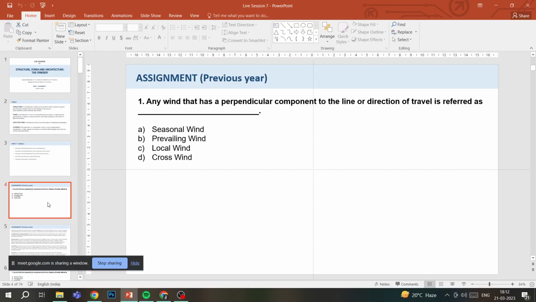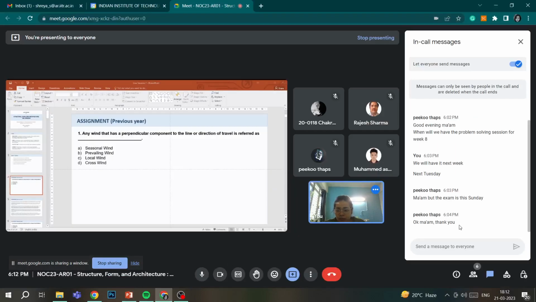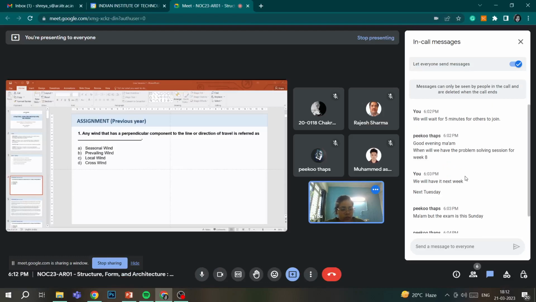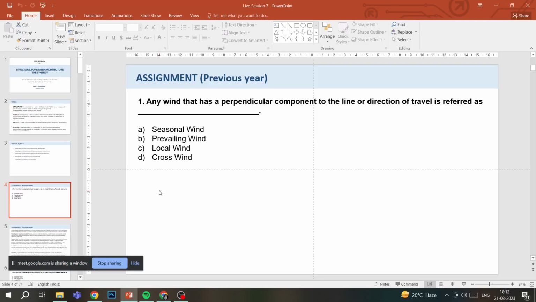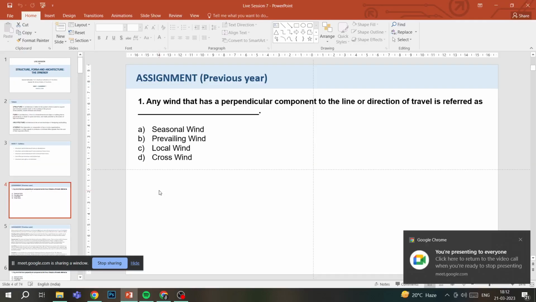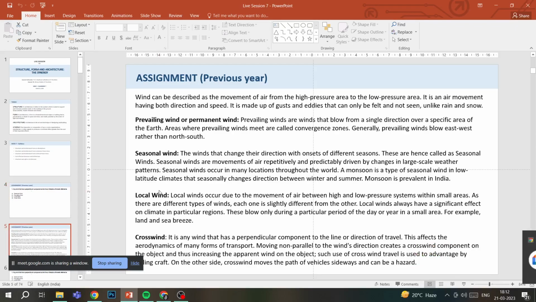To be able to understand this question, we will understand all 4 kinds of winds. All these 4 terms that are mentioned, we will understand what they mean, and then we will answer this question. So what is wind?